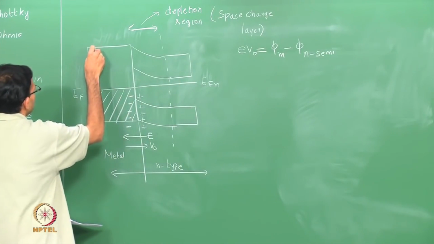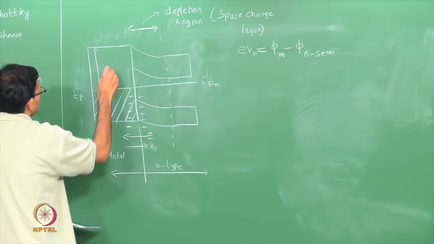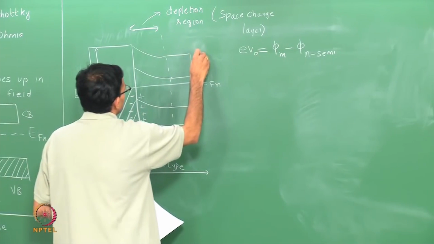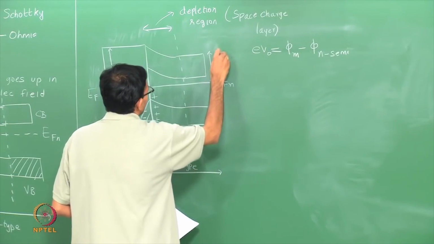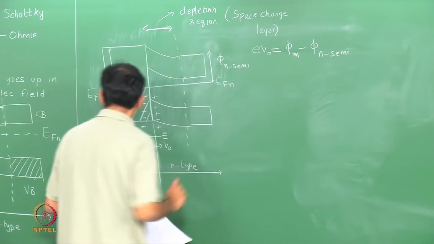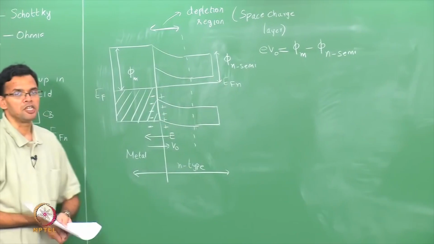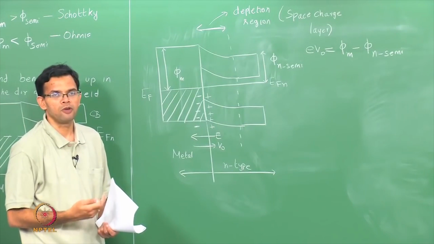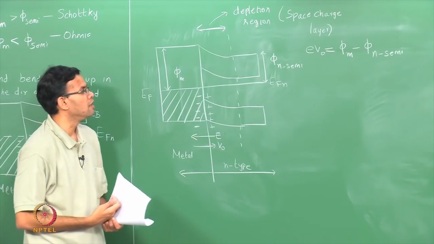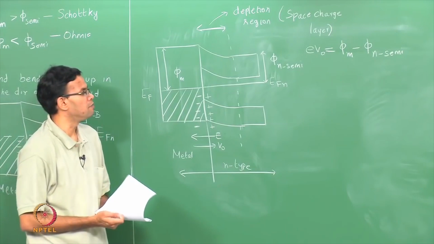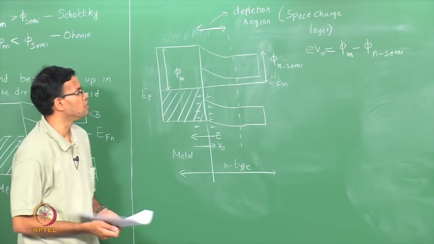If you mark those two values, this is phi m and this is phi n. So, this contact potential represents the barrier for the electron to move from the semiconductor to the metal. So, at equilibrium you have a barrier that is set up that prevents any further motion.